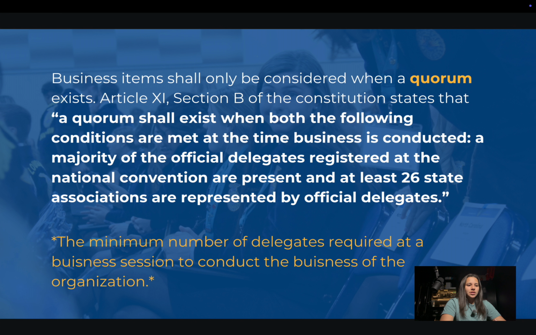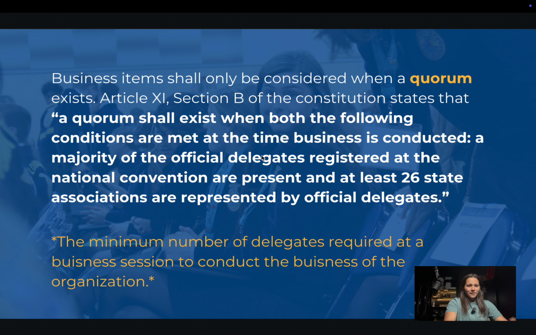In the Constitution, Section B, it says a quorum shall exist when both of the following conditions are met at the time that the business is conducted: a majority of the official delegates registered at the National Convention are present, and at least 26 state associations are represented by the official delegates. So there's the quorum, the minimum number of people that must be met to even conduct business.